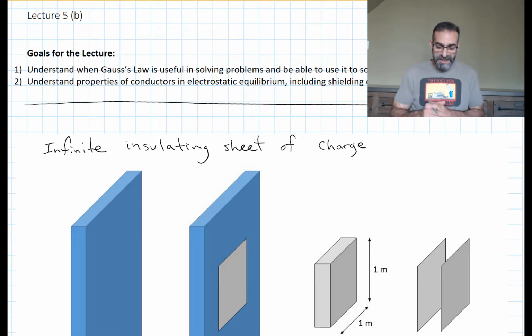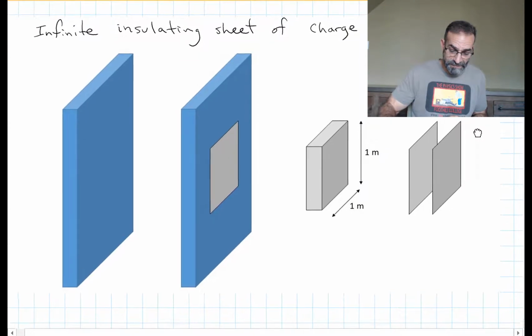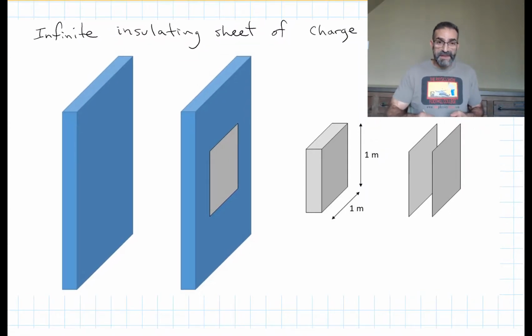Let's talk first about our insulating sheet and how the charge density is defined. On the left, I've shown a portion of an infinite sheet of charge that's perpendicular to the page.